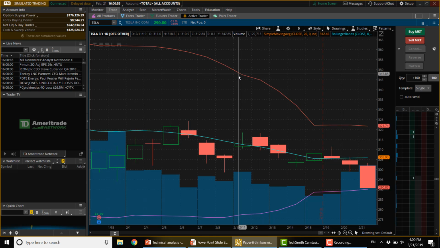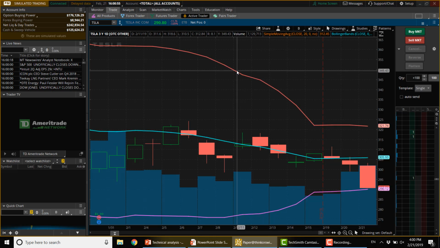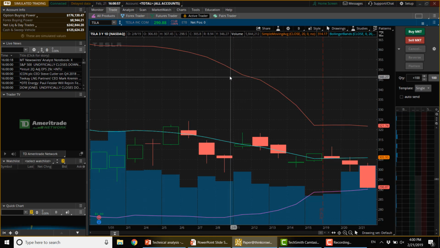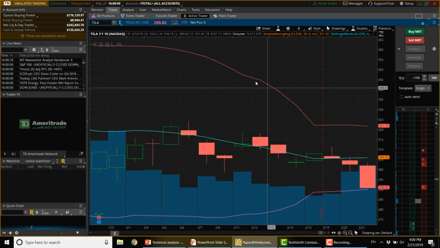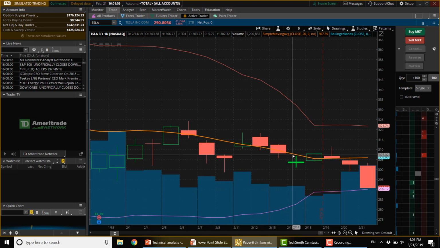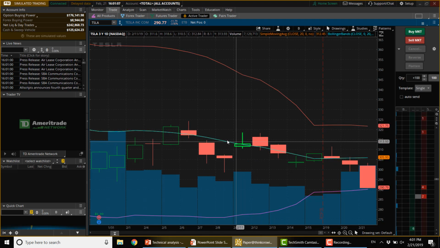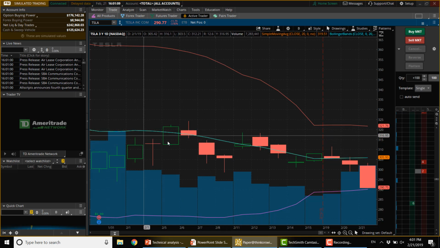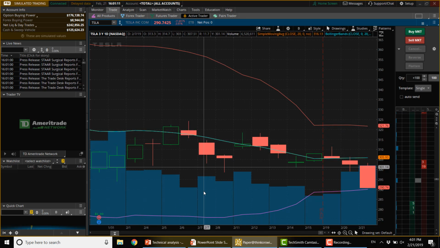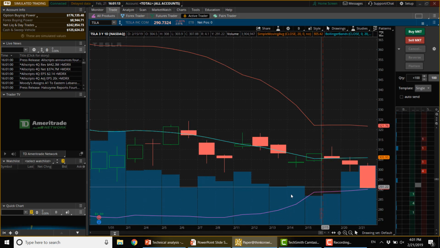This one indicates this, I guess this would be pinkish or reddish. This top band right here tells us the simple 20-day moving average plus 2 standard deviations above this moving average based on the historical volatility of this stock. And this one down here tells us the lower bound.